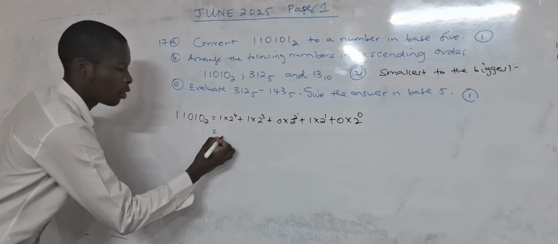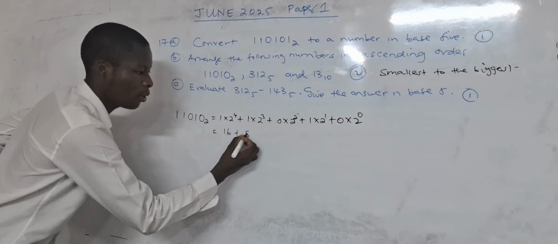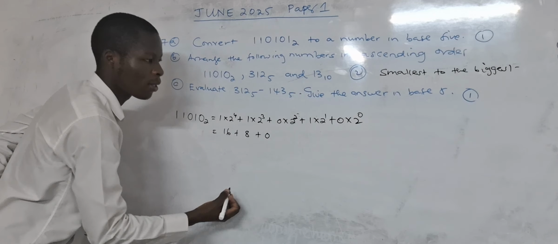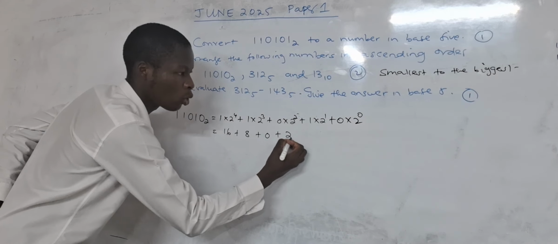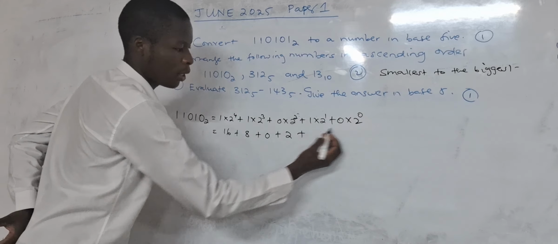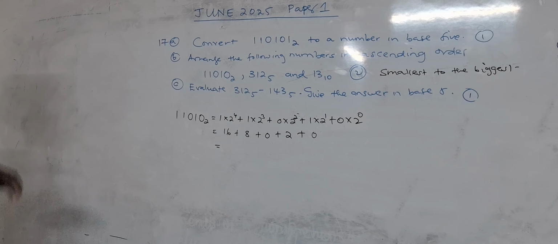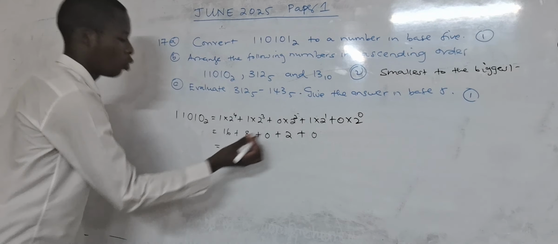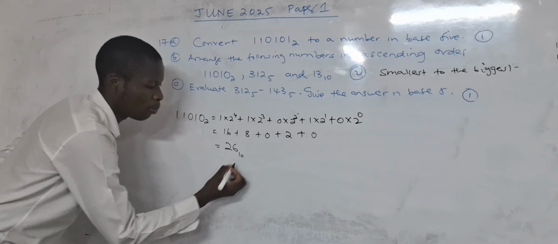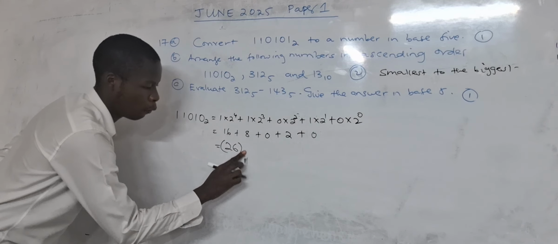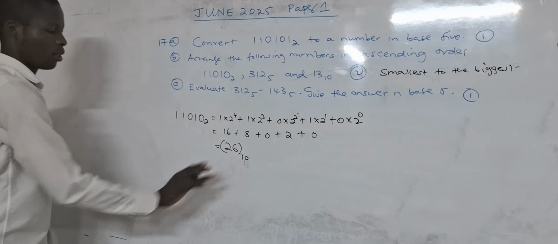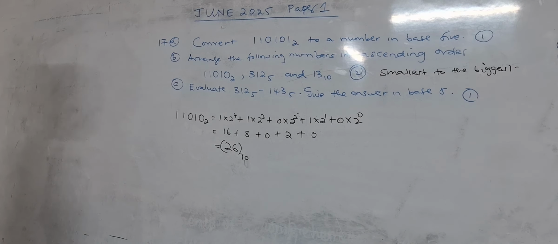Okay, this is 16 plus 8 plus 0 plus 2 plus 0. Okay, 16 plus 8, this is 24. 24 plus 2, this is 26 base 10. So if you convert this number to base 10, this is the answer.